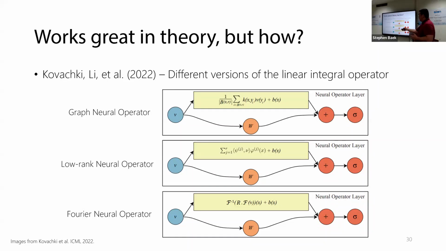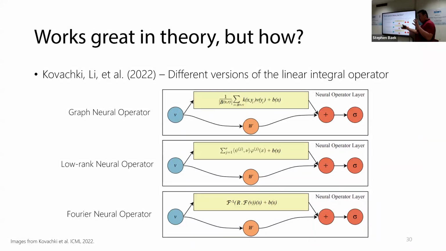And then finally, we have the Fourier neural operator. The property of the Fourier transform actually allows you to convert the integral into basically a summation.